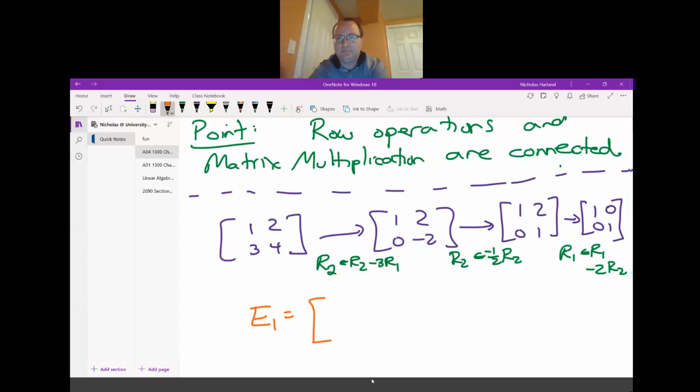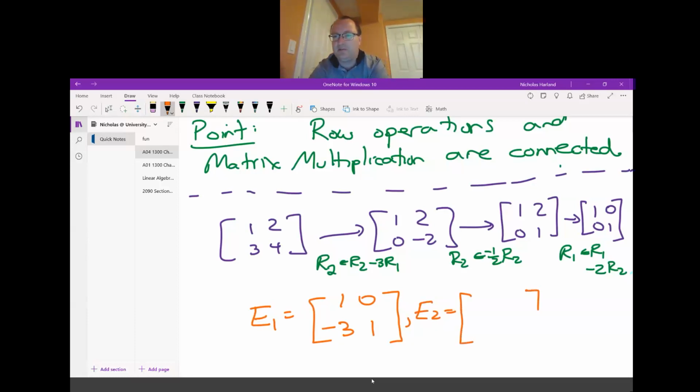What's going to be that first elementary matrix? No, we need to apply the row operation to it. It starts with the identity matrix, but then we apply that row operation to it. So 1, 0, negative 3, 1. So that's E1.